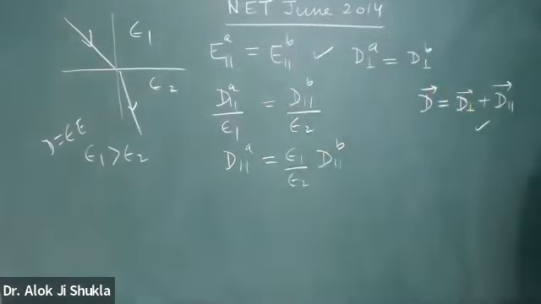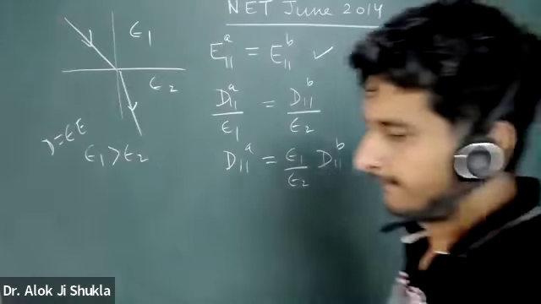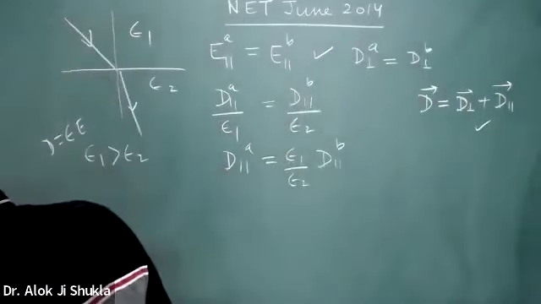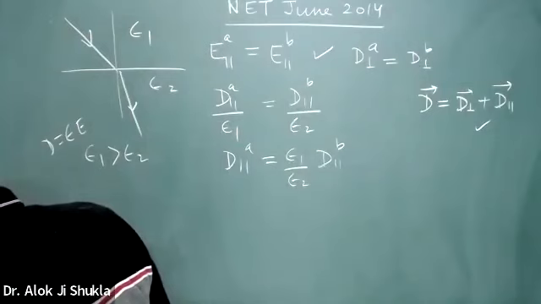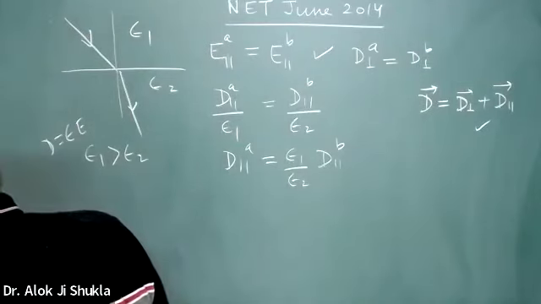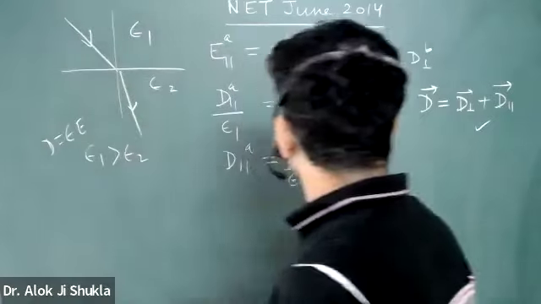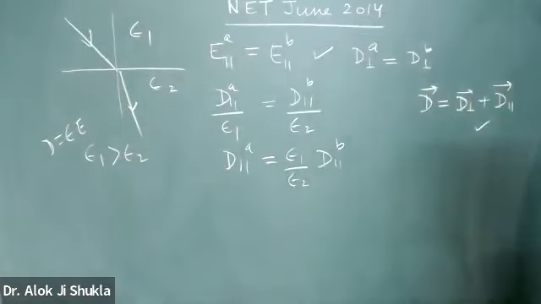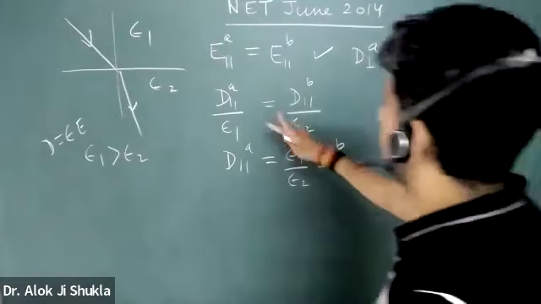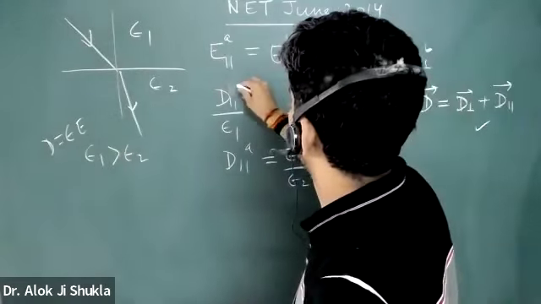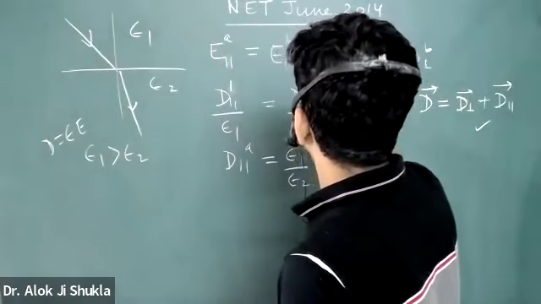Which parallel component is greater, 1 or 2? Tell me. 2. D parallel below is greater than D parallel above. Sorry. Epsilon 1 is greater than epsilon 2. I mean, this is 1 and this is 2.